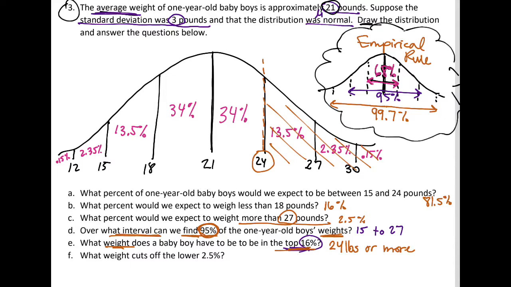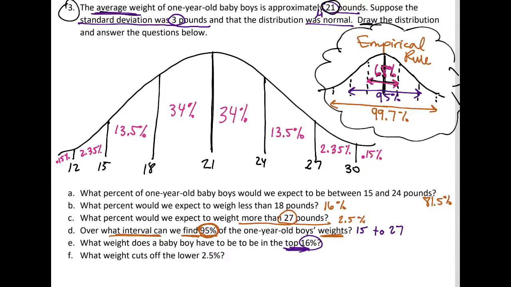You don't want to say 24 to 30, because that's going to only be this much. It's not going to include that 0.15, and it won't add up to 16 if you just do these two. You have to include that 0.15. So that's why you want to say everything from here over. All right, let me undo so it's not so messy.